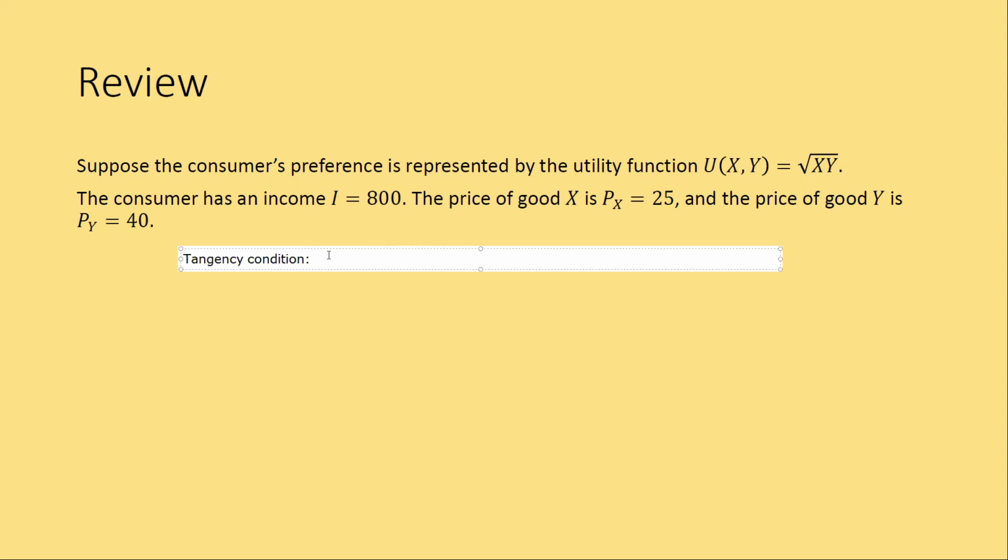So the tangency condition is going to equate the marginal rate of substitution, the slope of the indifference curve, to the slope of the budget constraint. And effectively, it is equating the ratio of MUX to MUY to the price of good X over the price of good Y.